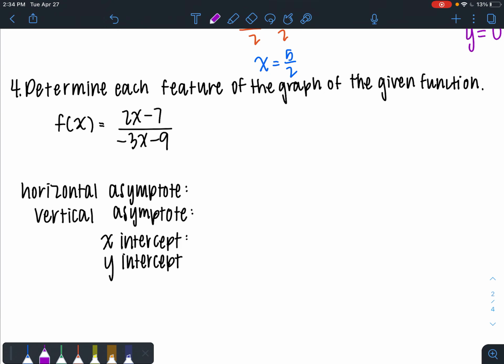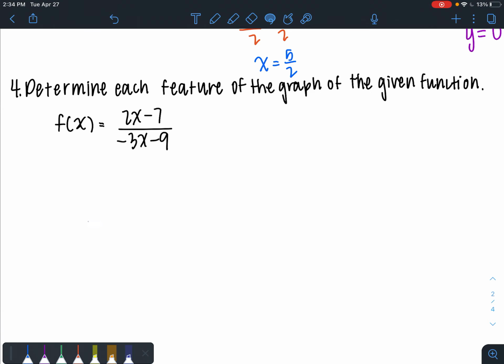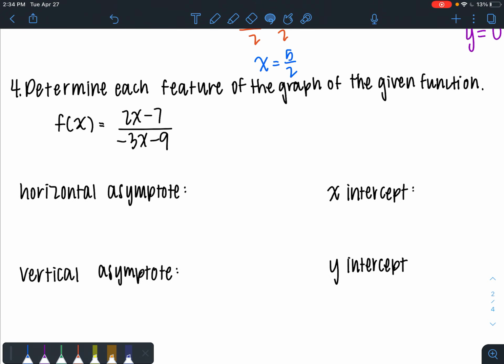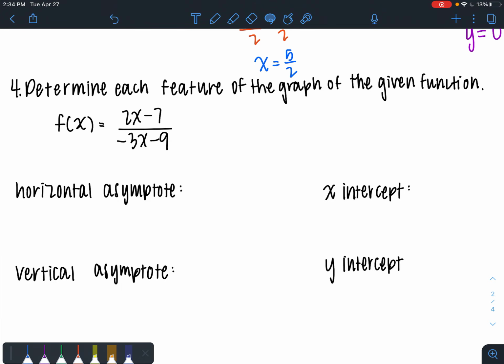Okay. Then for this one here, number 4. All right, our horizontal asymptote, we compare the numerator and the denominator. Both have a degree of 1. So y equals 2 over negative 3, that ratio. For the vertical asymptote, I'll set negative 3x minus 9, the denominator, equal to 0, and solve.